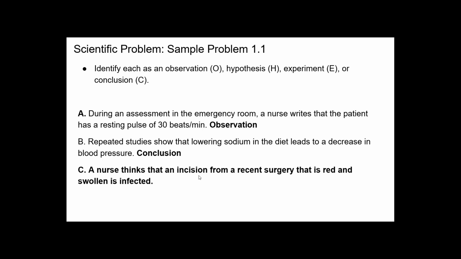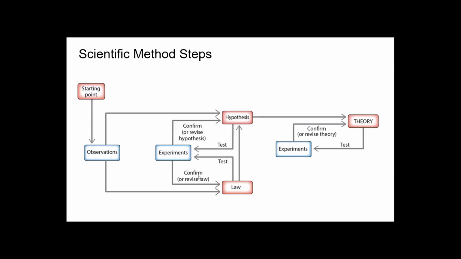And a nurse thinks that an incision from a recent surgery that is red and swollen is infected. That would be a hypothesis. It could be an observation, but it's a hypothesis because she thinks that because of an observation, something has now happened, and she could easily test this out. So this is a hypothesis about an observation that she made.